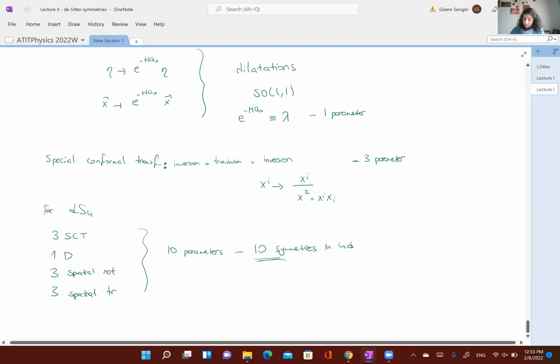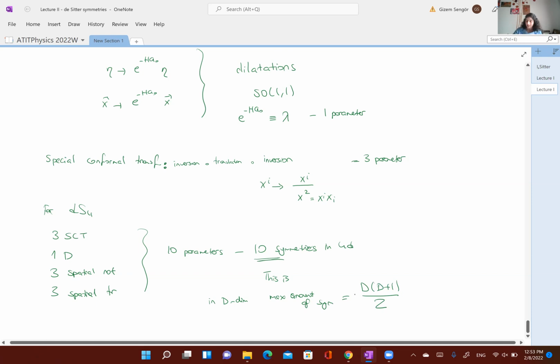Now, this is the maximum amount of symmetries you can have in 4 dimensions. There is a way of counting. So in D dimensions, the maximum amount of symmetries is calculated as follows.